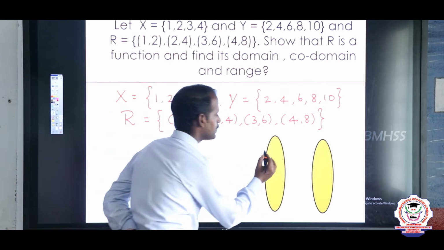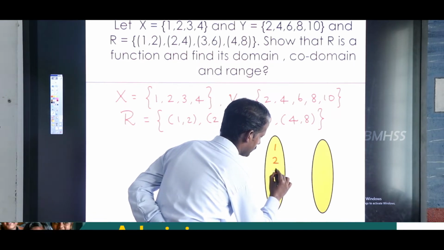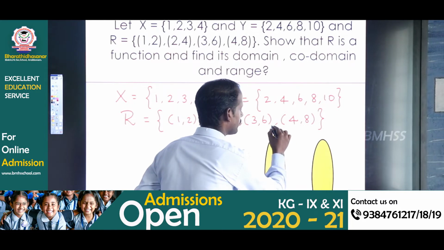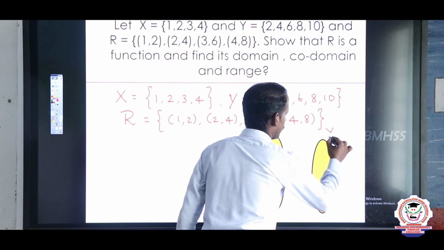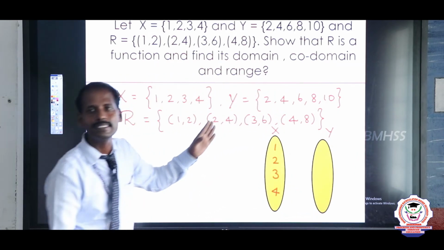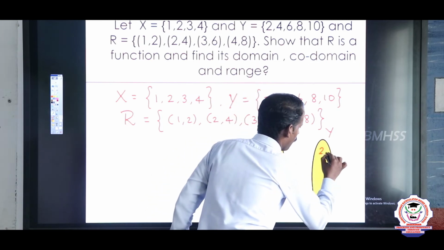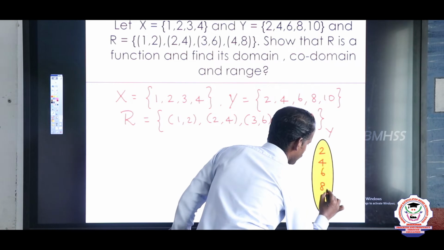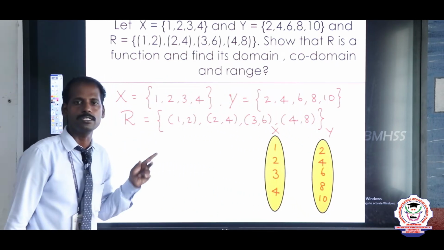So what are the elements? 1, 2, 3, 4. This is the set X. Then the second set is Y. What are the elements of the Y set? 2, 4, 6, 8, 10. So here 1 comma 2 is an ordered pair.